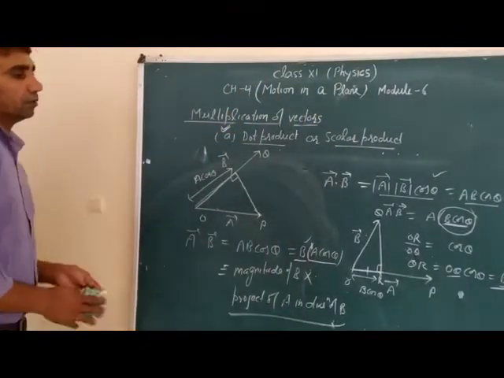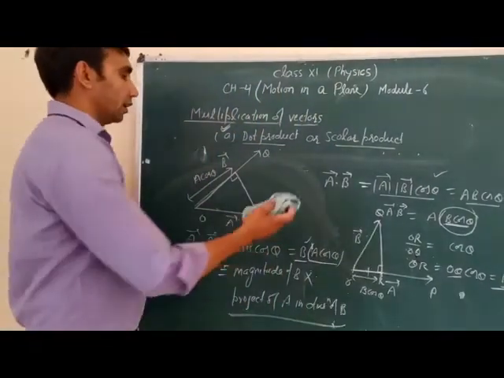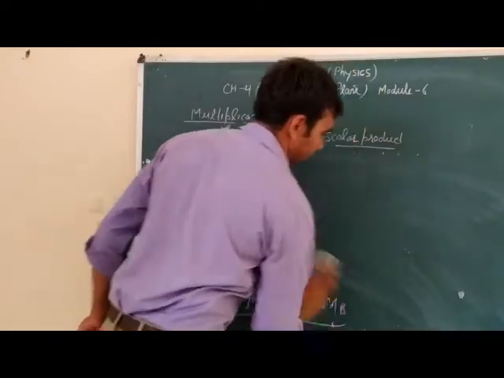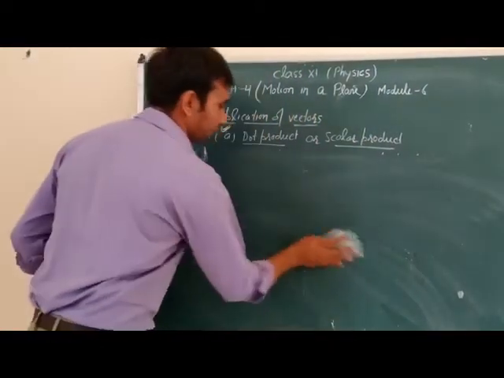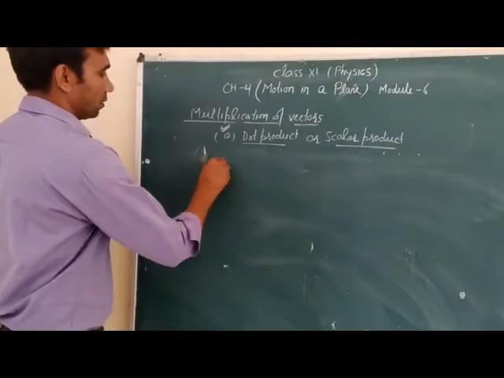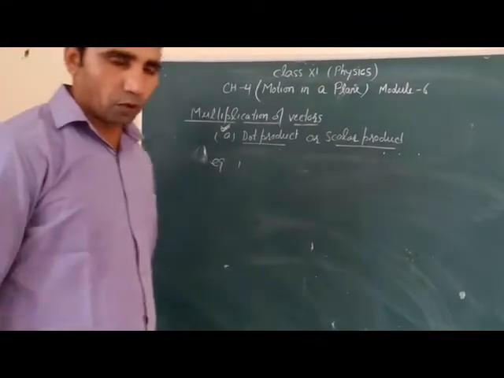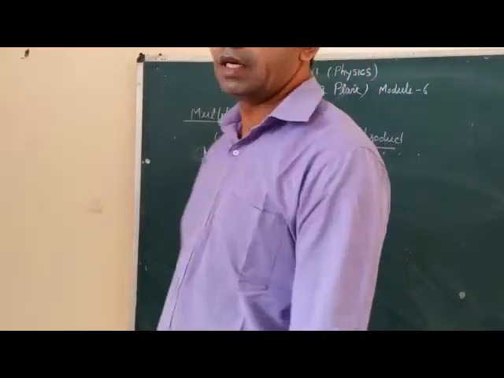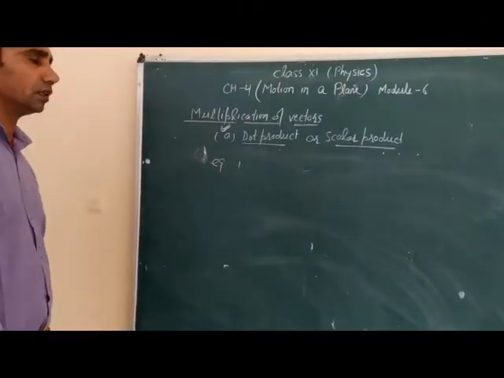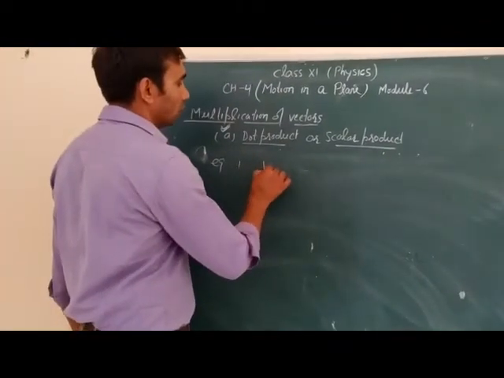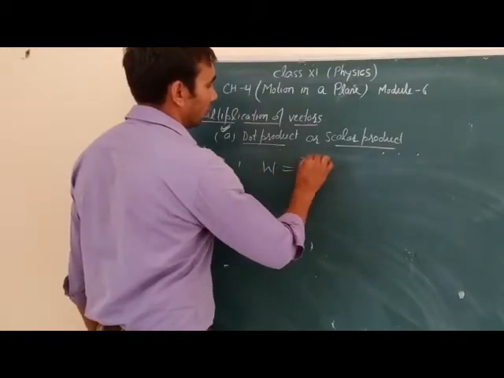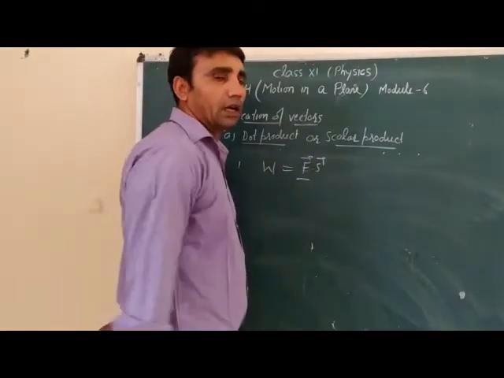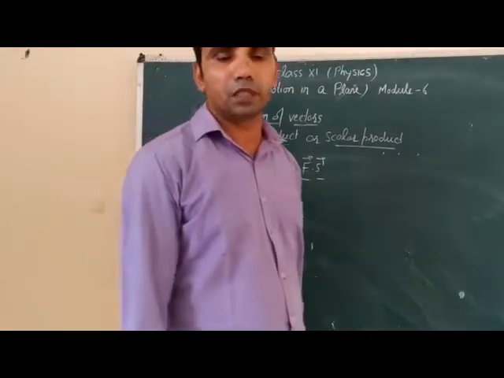Now, examples of the dot product of two vectors. First example: the dot product of force acting on an object and the displacement covered by the object gives work, W equal to F dot S, where F is the force applied on the object and S is the displacement covered by the object.